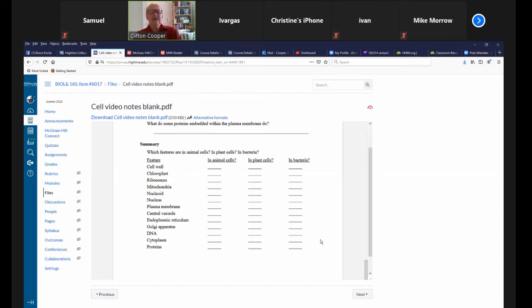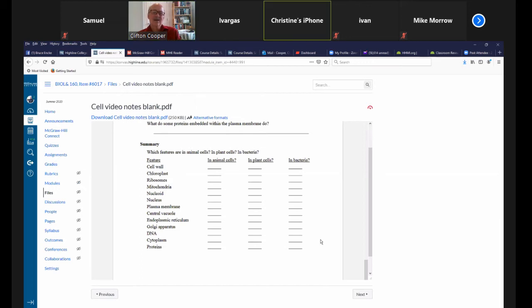The nucleoid, where was that again? Bacteria. Nucleus is in the eukaryotic cells. Okay, plasma membrane, everyone's got that. Vacuole, plant cells? Animal? That was going to be plant only. Okay. Then the ER and the Golgi apparatus, animals?